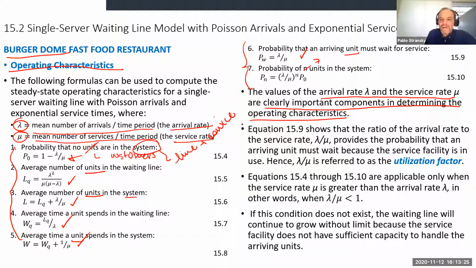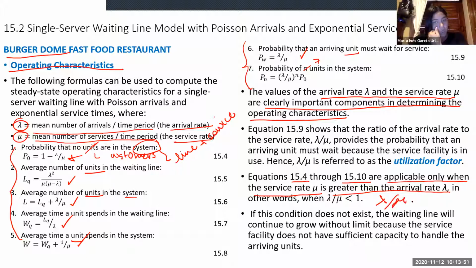There's one condition: equations 15.4 to 15.10 are applicable only when the service rate, that means mu, is greater than the arrival rate, okay? Or another way to measure it is lambda divided by mu is less than 1.